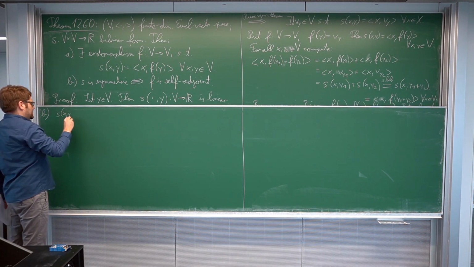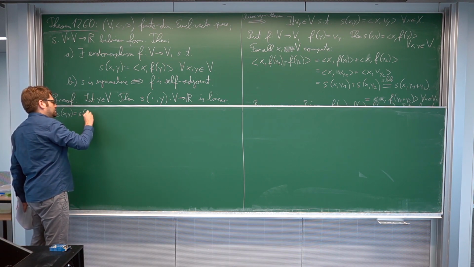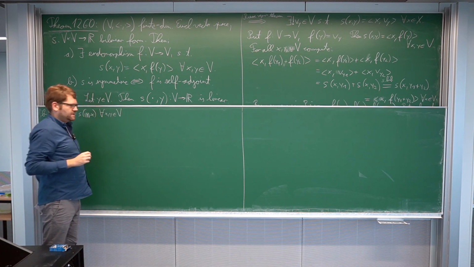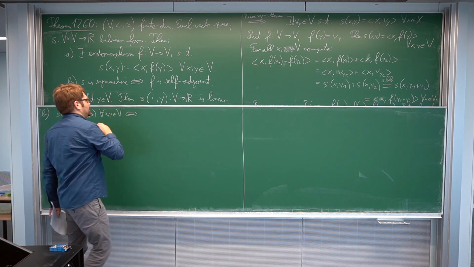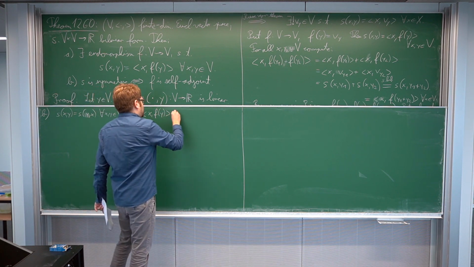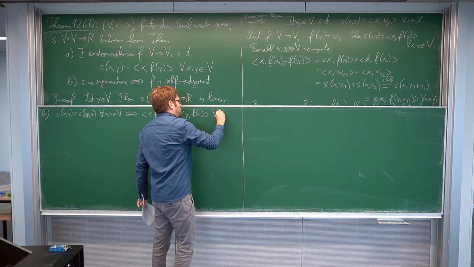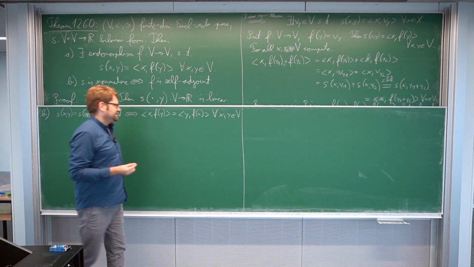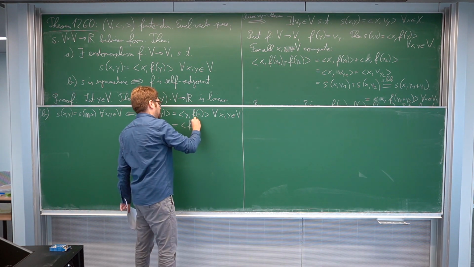S of x, y is S of y, x for all x, y in V, if and only if, and now we use the definition of f from part A, this means we have x, comma, f of y must be equal to y, comma, f of x for all x, y in V. But we know the inner product is symmetric, so we can here just reverse the arguments.